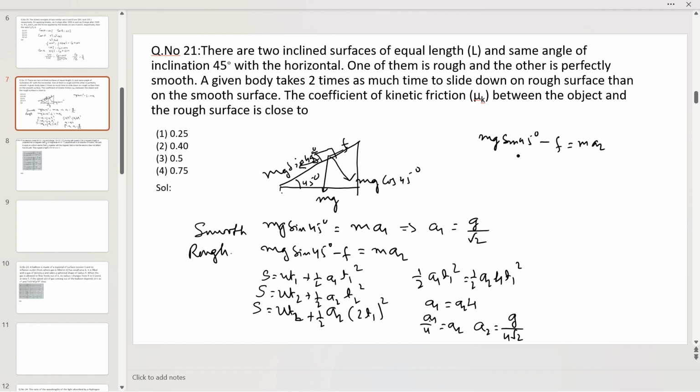The m cancels out, so g by root 2 minus f is equal to a2, that is g by 4 root 2. So g by root 2 minus g by 4 root 2 is equal to f.